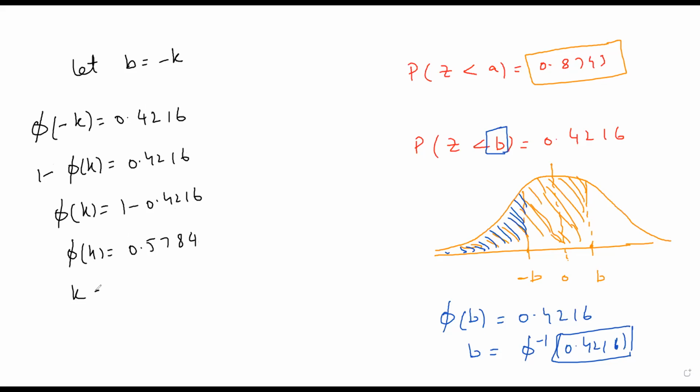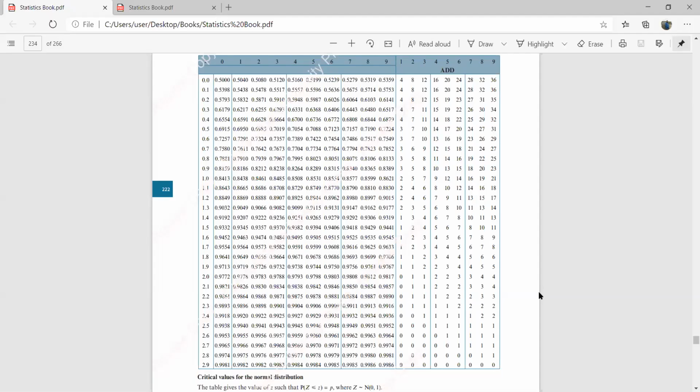Yes, and then this k is going to be phi inverse of 0.5784, and then you will find this from the table. Let's find that quickly: 0.5784.